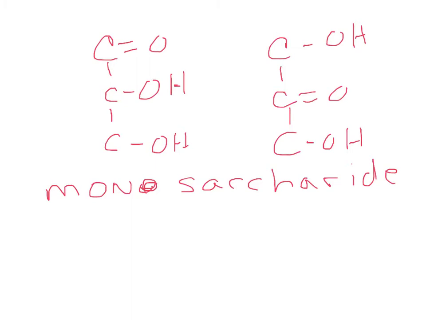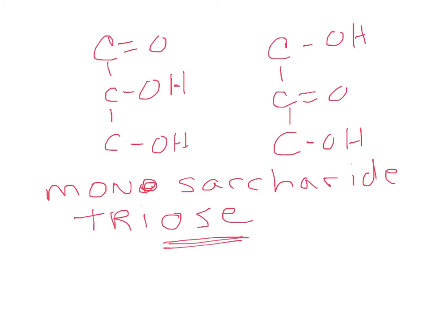We count the carbons in each of these, and these are 3 carbons, so we call them trioses, T-R-I-O-S-E. So when you hear the ending OSE, that refers to a carbohydrate. 3 is tri.